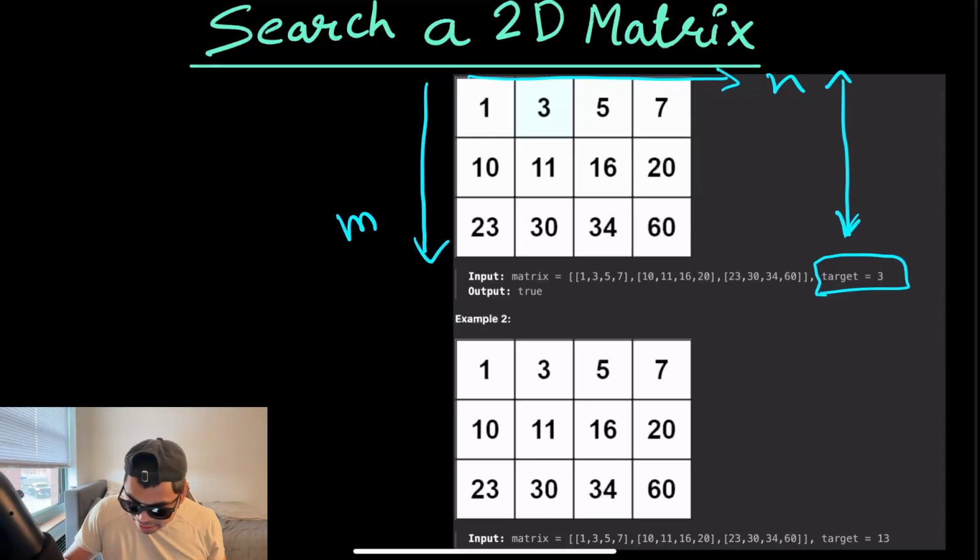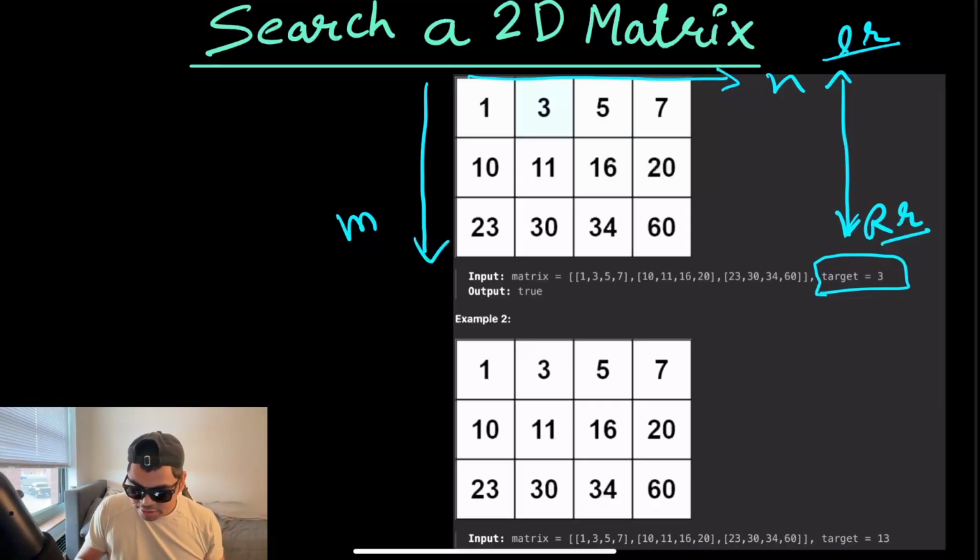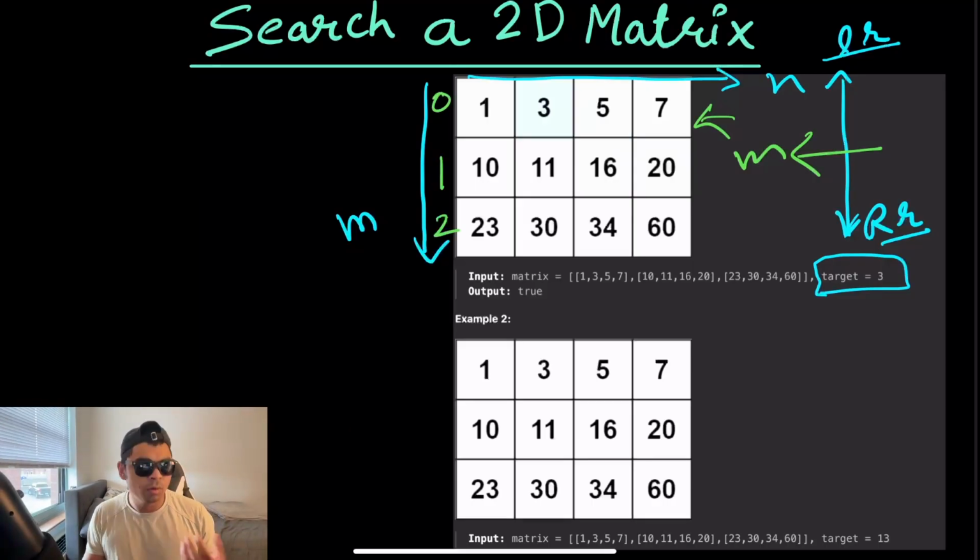I will have a left row and a right row, and then I will start searching by finding out the mid. In this case, the mid would be, if it is 0, 1, and 2, only 3 rows, so 2 divided by 2 is 1.